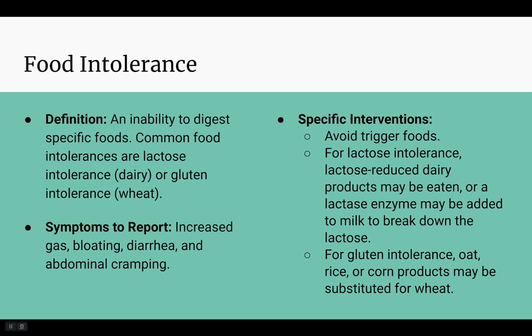Specific interventions: avoid trigger foods. For lactose intolerance, lactose-reduced dairy products may be eaten, or a lactase enzyme may be added to milk to break down the lactose. For gluten intolerance, oat, rice, or corn products may be substituted for wheat.